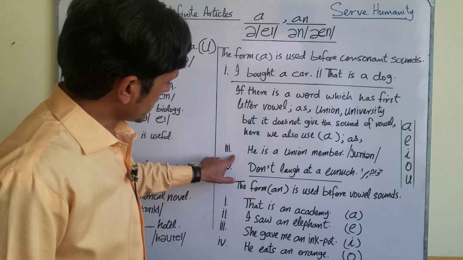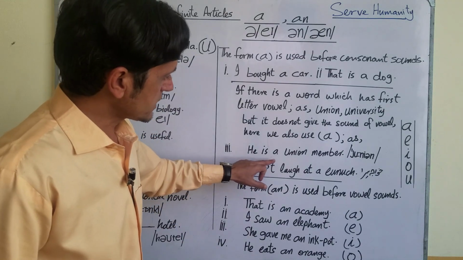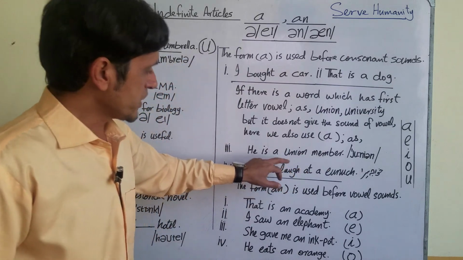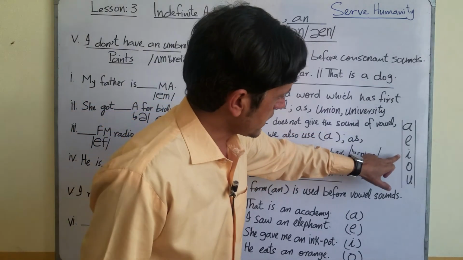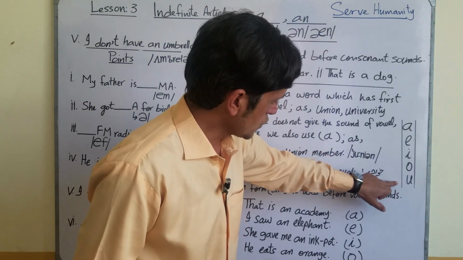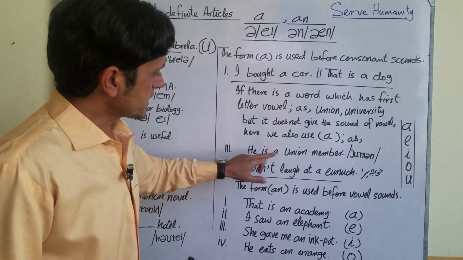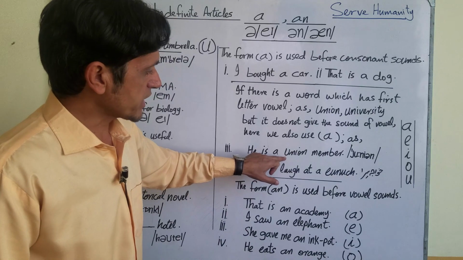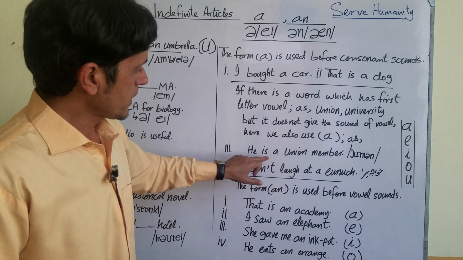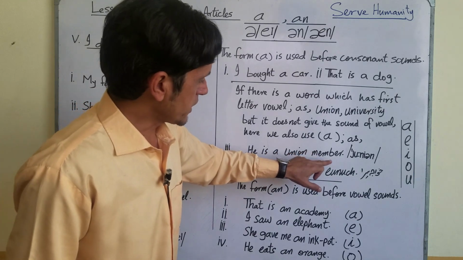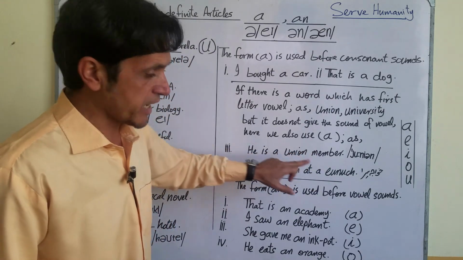For example, look at this example: He is a union member. Now you see U is a vowel here, A, E, I, O, U, but despite that, we cannot write an here. He is a union member. We cannot say he is an union member.